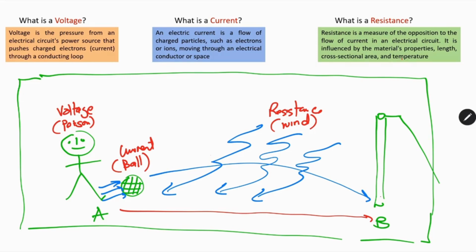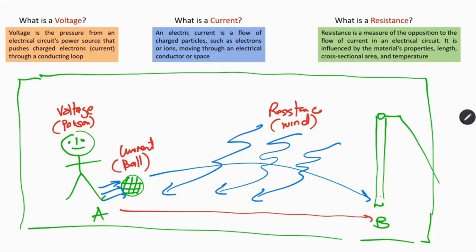In this scenario, we can see that in order to pass the ball from one place to another, we need some kind of force. This force is there in order to do the work of transferring the ball from point A to point B. Once the ball is passed from point A to point B, we can say that work is done.